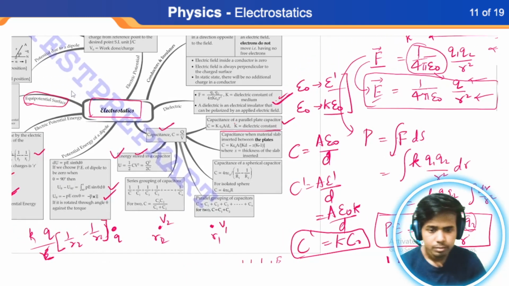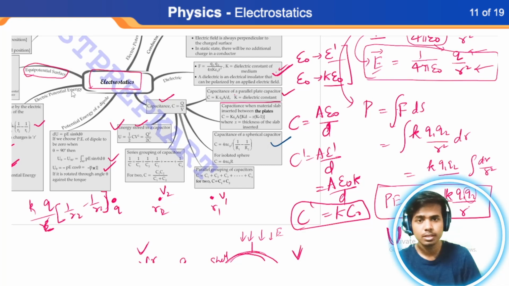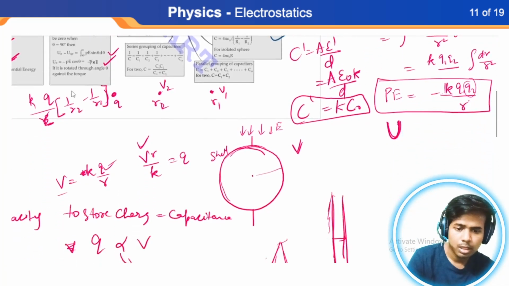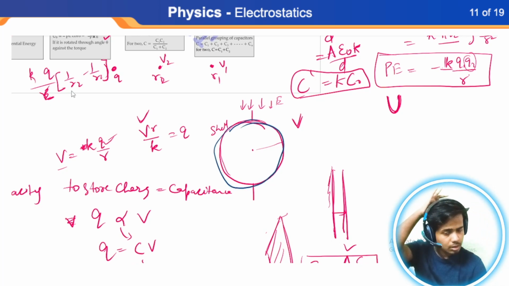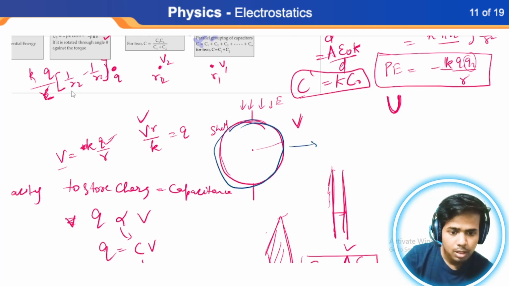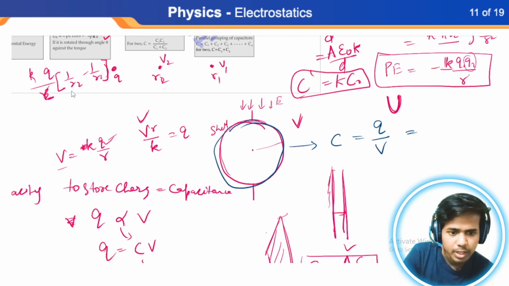Now this spherical capacitor, I think we already discussed. What was that? In this case, let's say this is the spherical shell. If you want to find out the capacitance of this one, you will have to do Q upon V, right? Let's do that.